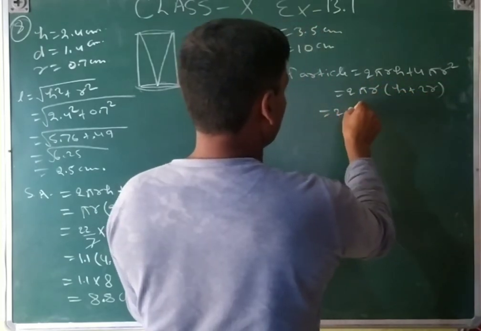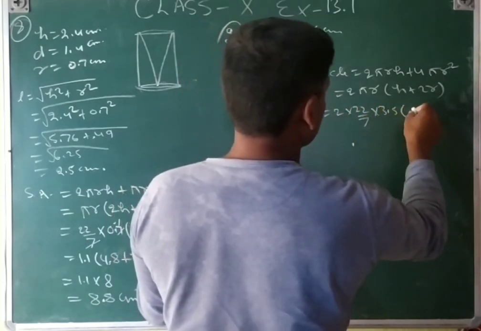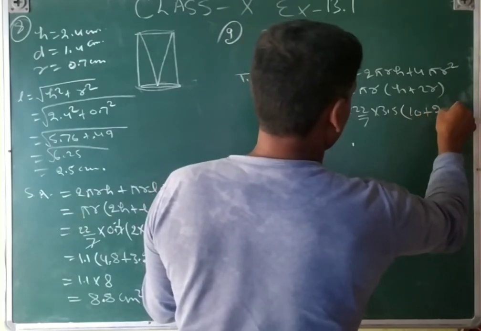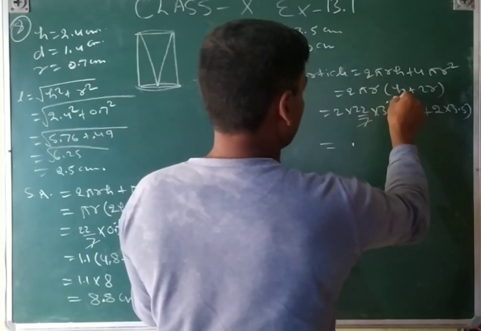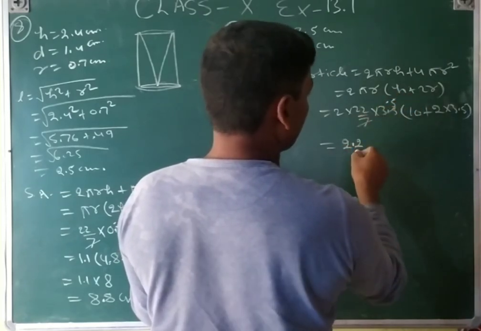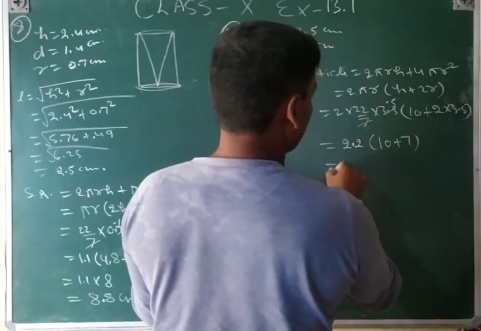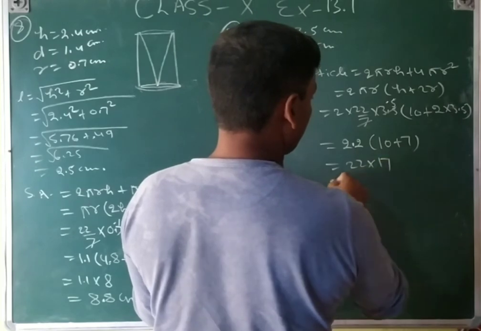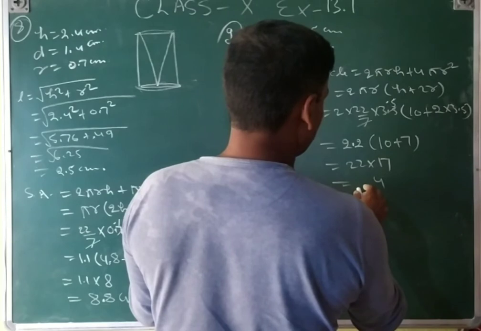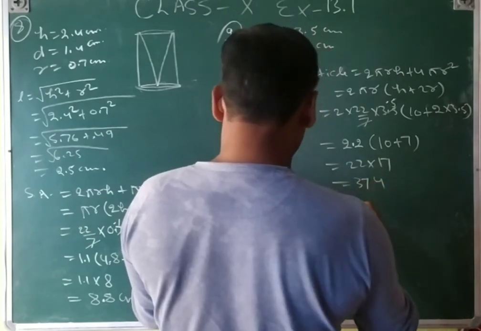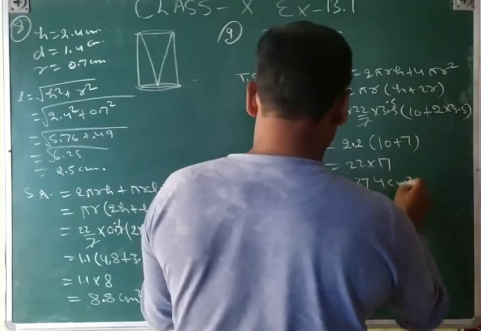So 2 into 22 upon 7 into 3.5, h is 10 plus 2 into 3.5, and then 7 5 ja. So multiply that will be 22 into 10 plus 7, that will be 22 into 17, 17 2 ja 34, 17 34, 35 30 37, so 374, that will be centimeter square. Okay.